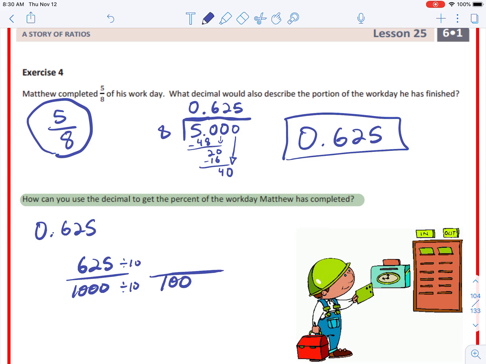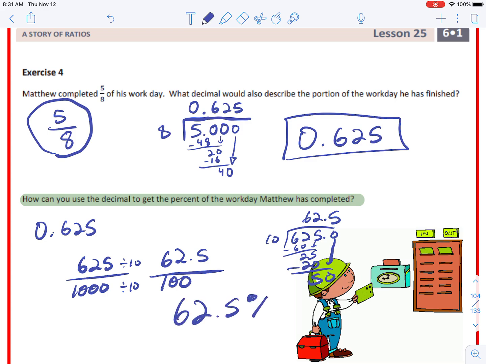625 by 10. 625 divided by 10, 62, with 5 left over. I'm going to add a decimal and a 0.5. So our fraction turns into 62.5, which is 62.5%.